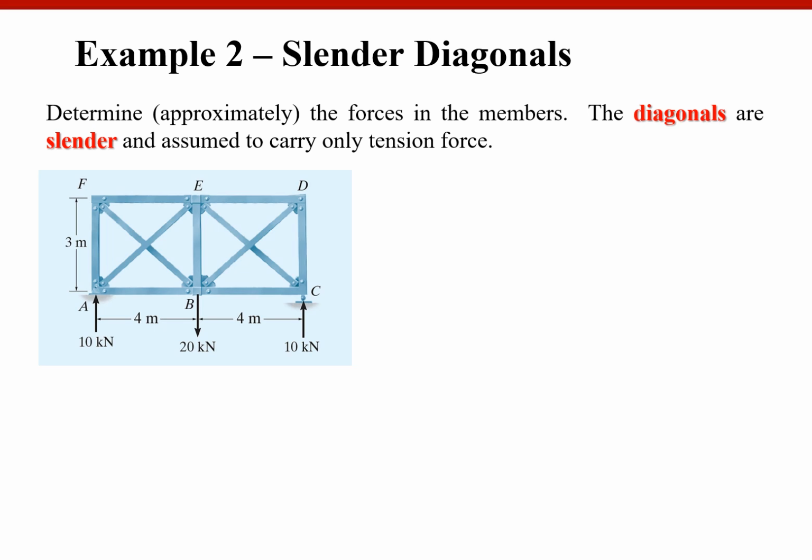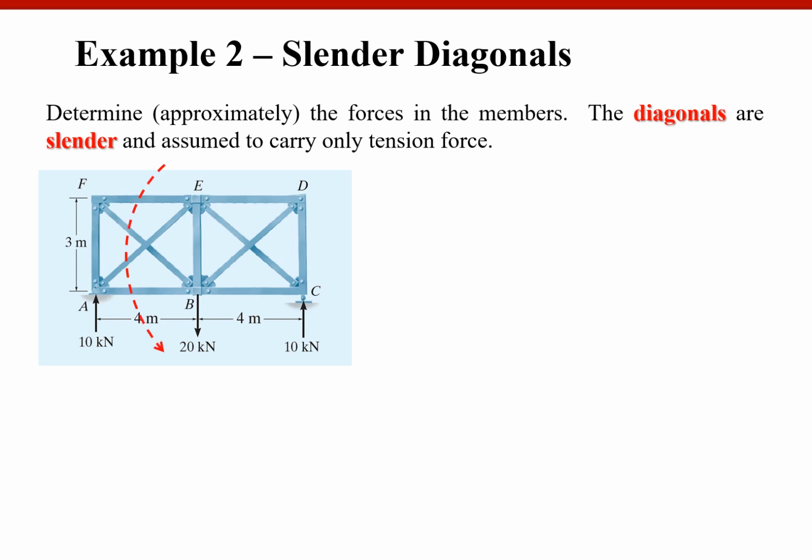Either one will work, because if the slender member is in compression, it will buckle and not carry any resistance. So in this case, this is the compression member and this is the tension member. The compression member will not be effective. You may think of it as a zero force member or simply neglect it. Okay, with that, let's start.